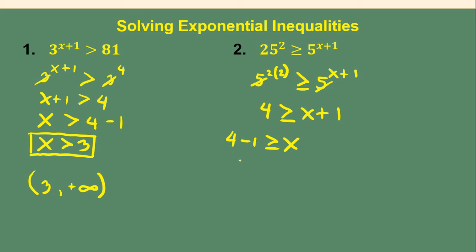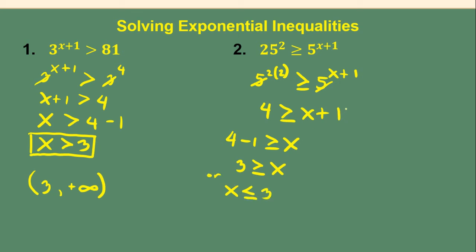Okay, so 4 minus 1 is 3. 3 is greater than or equal to x. If we read this solution starting from the variable, that is read as x is less than or equal to 3. Again, x is less than or equal to 3.